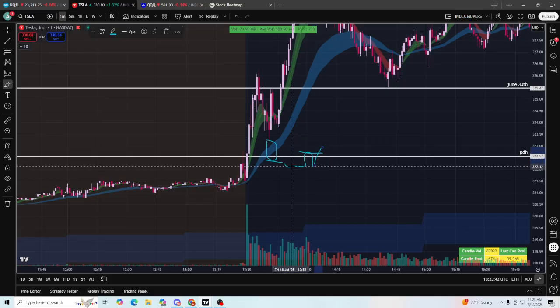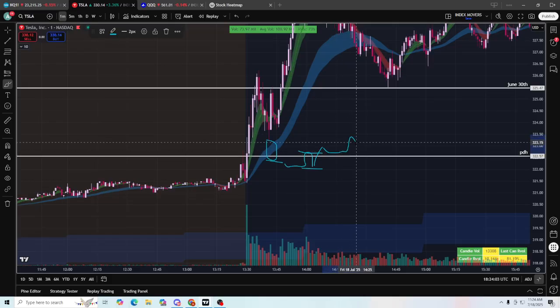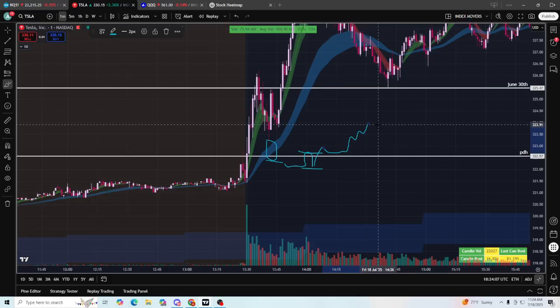We would set this low of day of, let's just say, 322.27, as our low of day, and our stop would be tight. What we want to see is an active build above 322.57. So let's just say boom, we kind of tap, tap, tap, and then we start actively building. Now, the June 30th high can serve as a take profit.